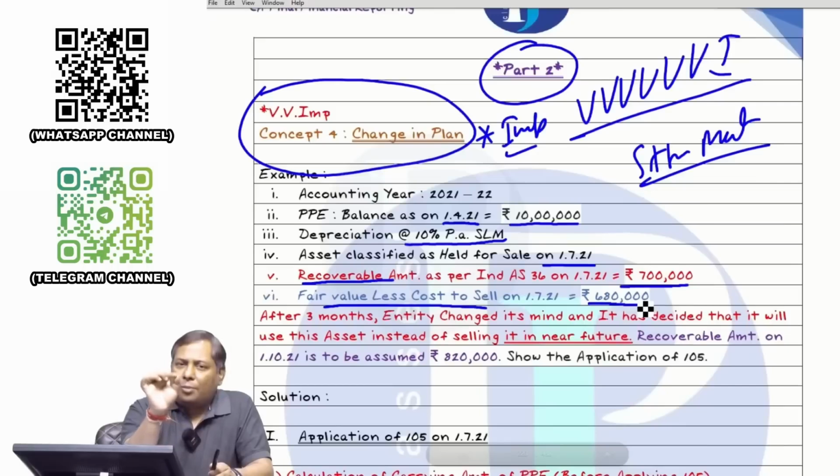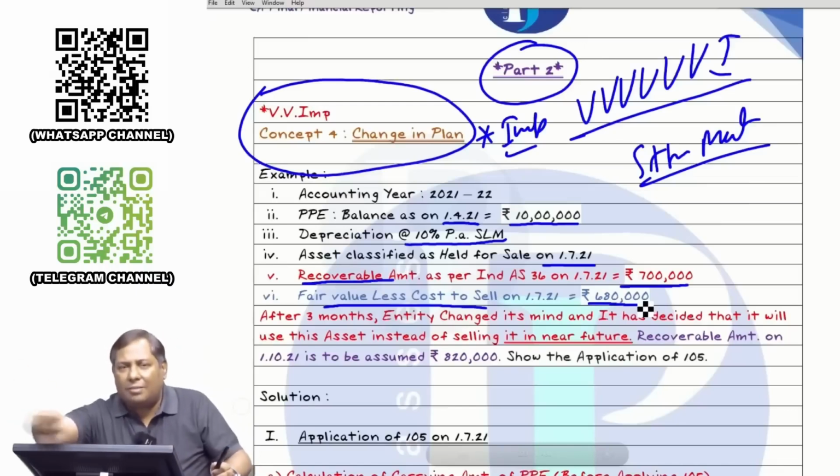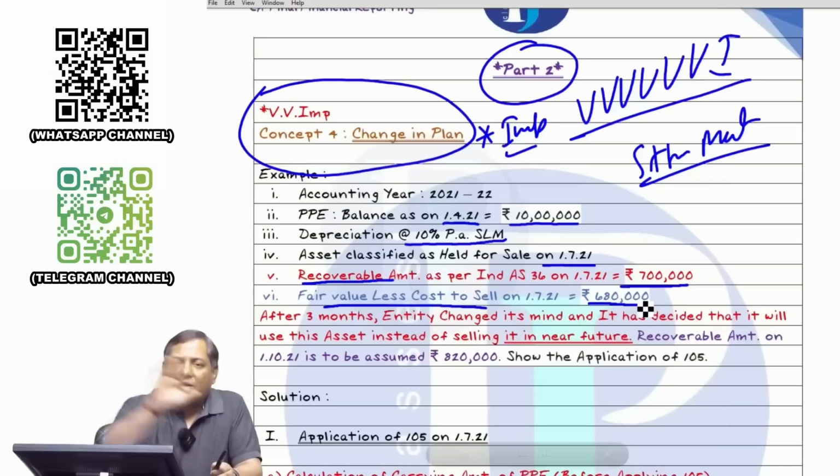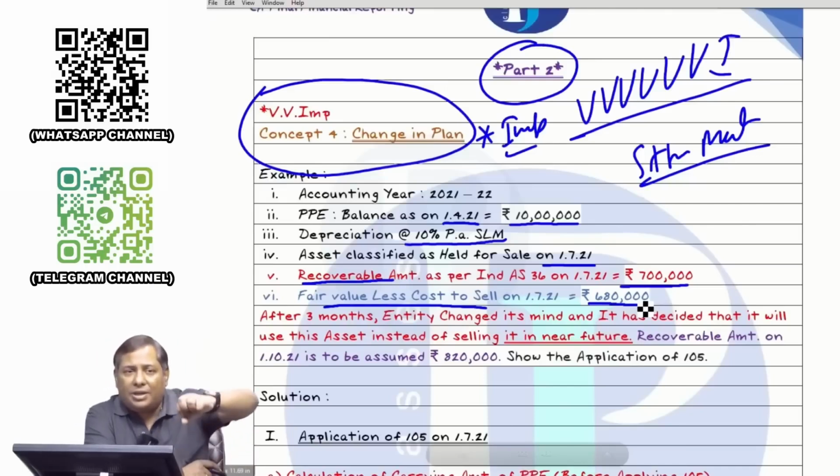You considered some property, plant, equipment and intangible assets as held for sale, but later you realized that it shouldn't be considered held for sale. Send it back, we will use it, and cancel the plan to sell it. Intentions change. So, when your intentions change, you will have to withdraw the asset from 105 and take it to 16 or 38.